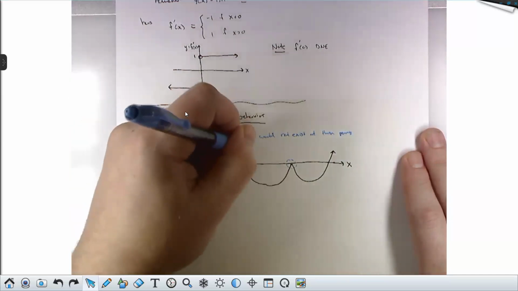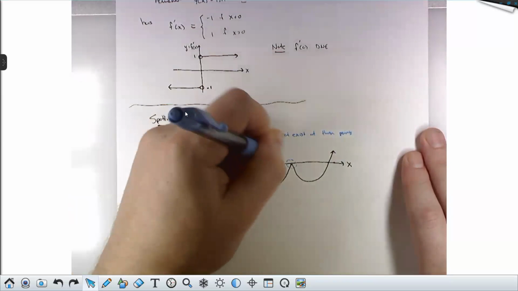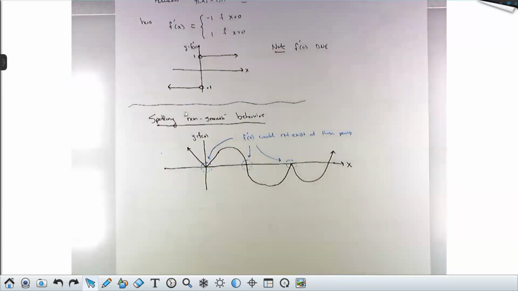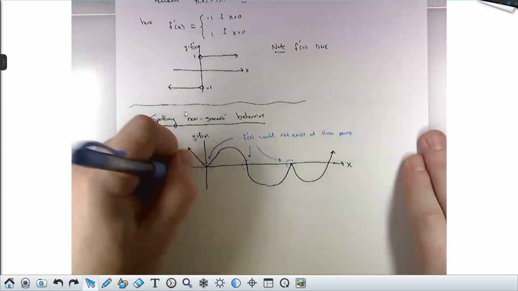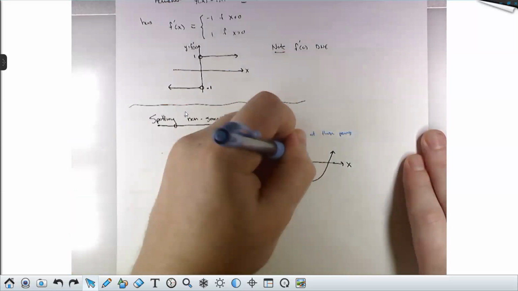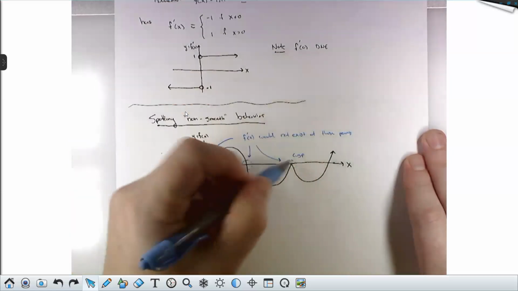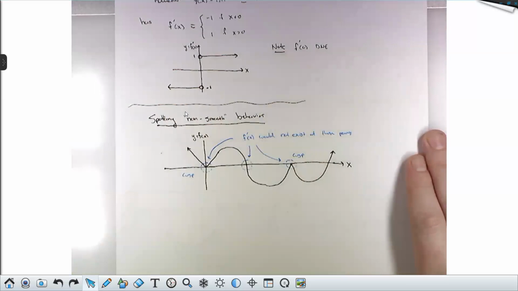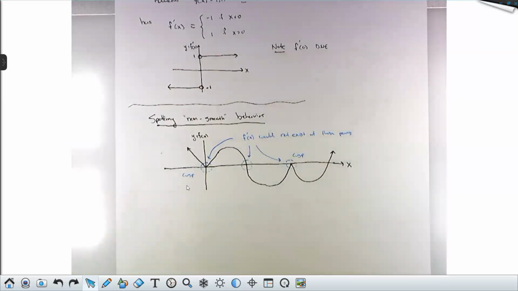Here, here, or here. These guys are called cusps. Mostly behavior like this is what you hear people talking about when they're talking about a cusp, but technically this is also a cusp. It's a pointy spot on the graph.